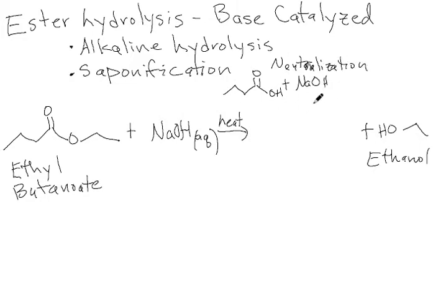And the result of that neutralization reaction will be that the OH and the H get together. We will be left with a carboxylate ion that will pair up with the sodium cation to make a carboxylate salt. So our product will be sodium butanoate.